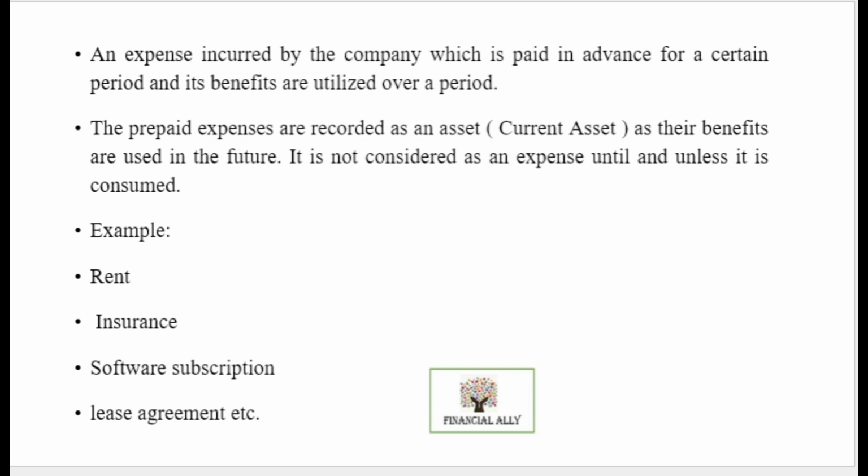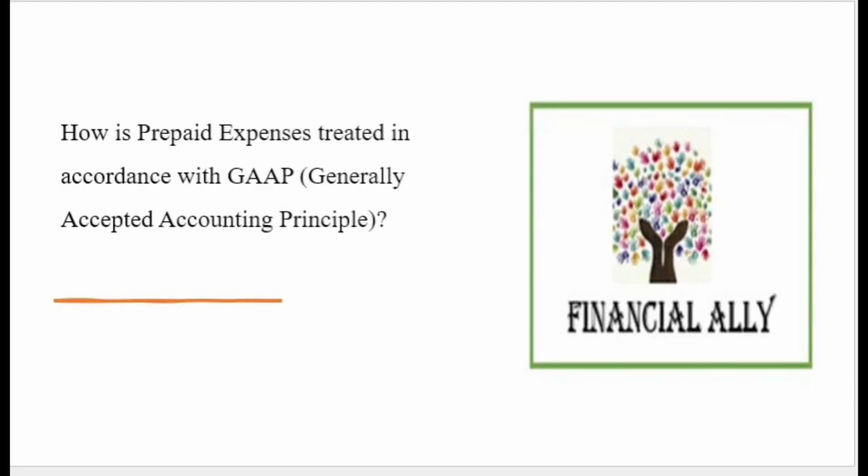The prepaid expenses are recorded as an asset under the current asset as their benefits are used in the future. It is not considered as an expense until and unless it is consumed. The most common examples of prepaid expenses are rent, insurance, subscription for softwares, lease agreements, etc.